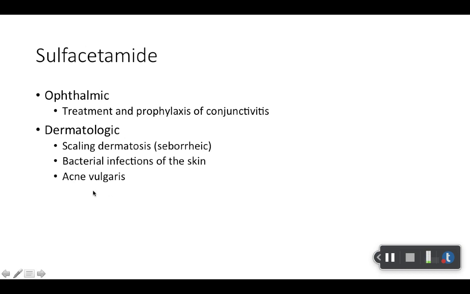Sulfacetamide. They make this as an eye drop, so it can help with conjunctivitis. It is also a topical product that can help with some dermatological issues, so infections, but also acne vulgaris, and scaling dermatosis.